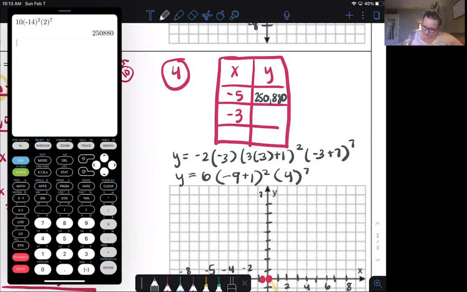And then -9 plus 1 is -8. So we're going to have 6 times -8 squared times 4 to the 7th.